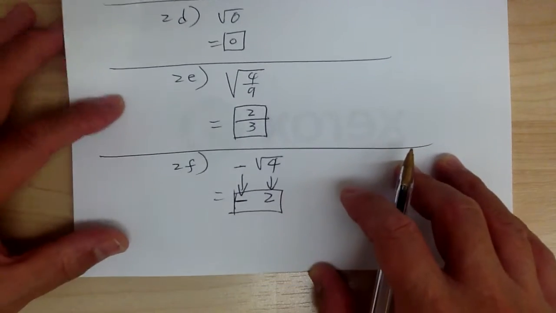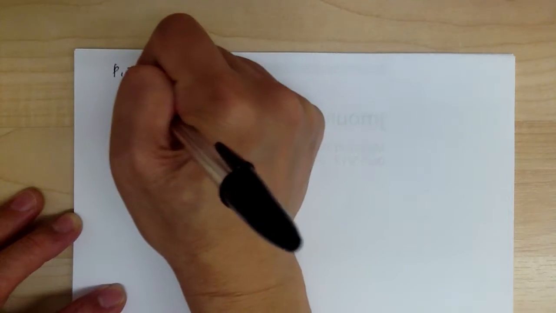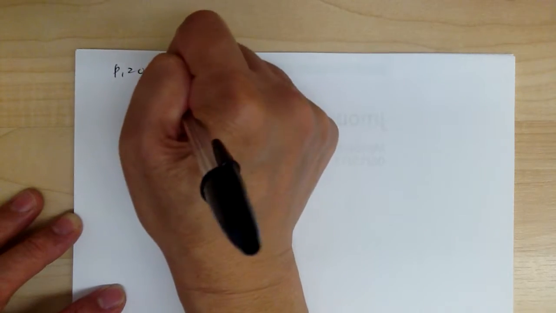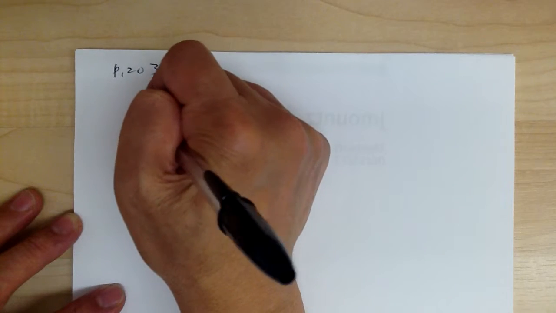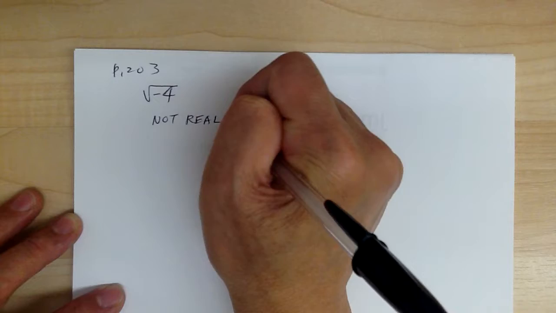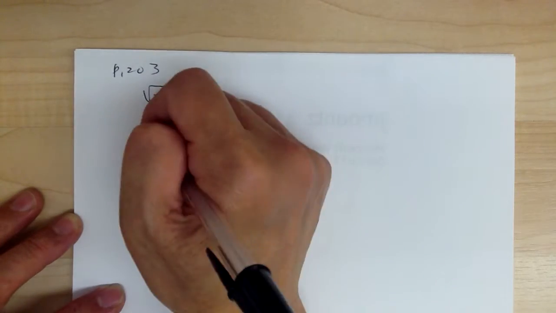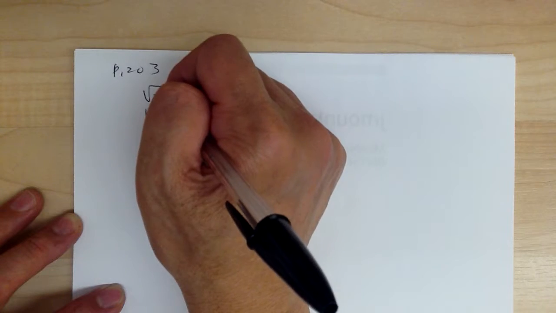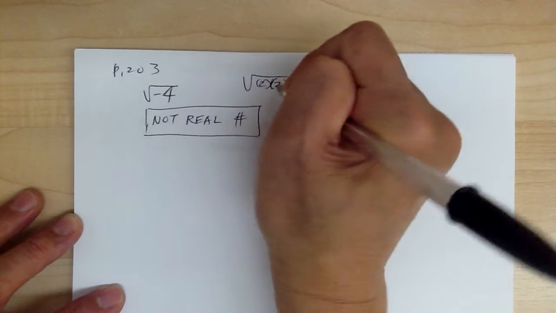Now just a note, on the very bottom of page 203, when you have square root of negative 4, you cannot do this one yet. This is called non-real, because there's no real number that you can multiply by itself to get that. If you have 2 times 2, you get 4.